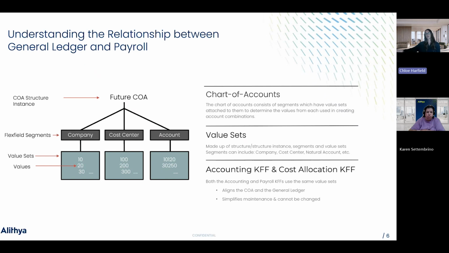Because from a maintenance perspective, if you're making adjustments within your chart of accounts that are not being communicated down to the HR systems, and there's a change in cost center values, and we're not communicating those changes, the system's not going to know where to pass through some of those payroll costs, because the system is going to look at how you define your accounting key flex field and the cost allocation key flex field.